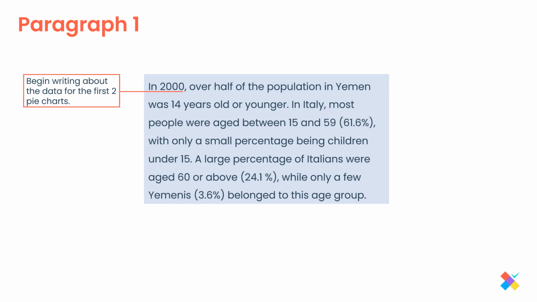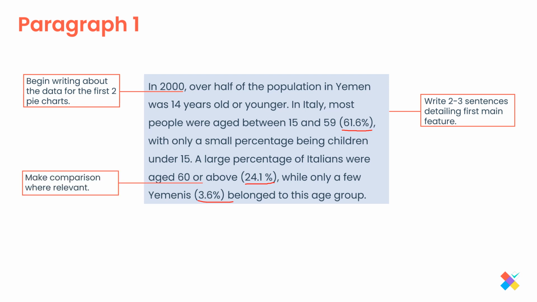I don't have to read the paragraph in detail, but I can already see that everything is supported by data, and I can also see comparison. 2 to 3 sentences detailing first main features, making comparisons, and supporting everything with data. I also have most people, a large percentage, and also the comparison.